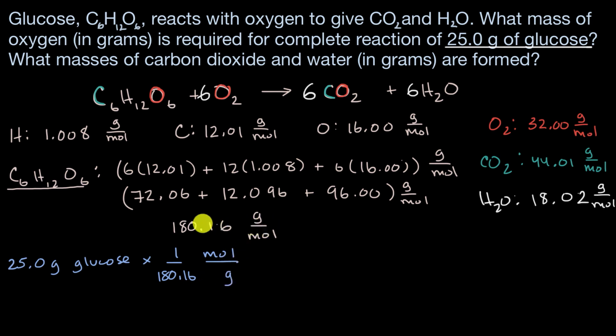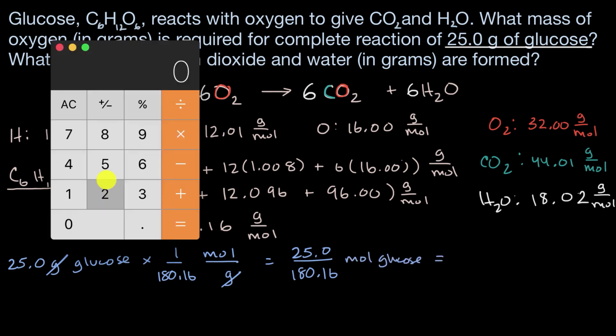All I did is take the reciprocal of this over here, and notice the grams will cancel with the grams, and I'll be left with moles of glucose, which is going to be equal to 25.0 divided by 180.16 moles of glucose.